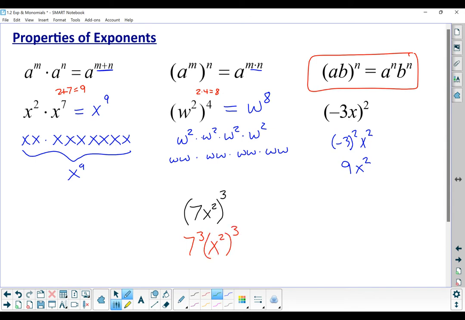But then we would also use the rule where we multiply together those powers. So our final answer would be x to the sixth power, and then 7 to the third is 343. So watch out for situations where you have two rules that you need to apply.